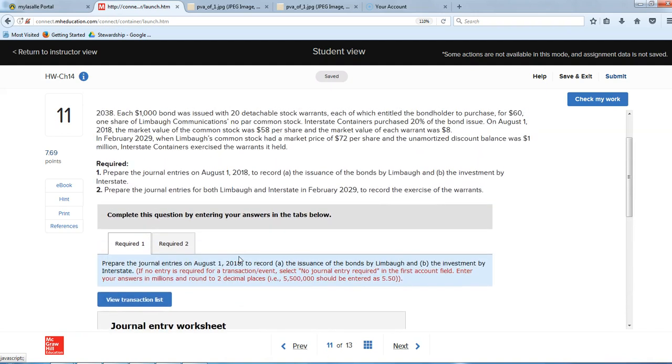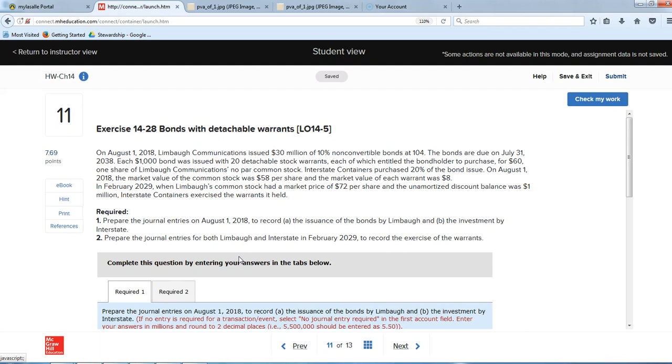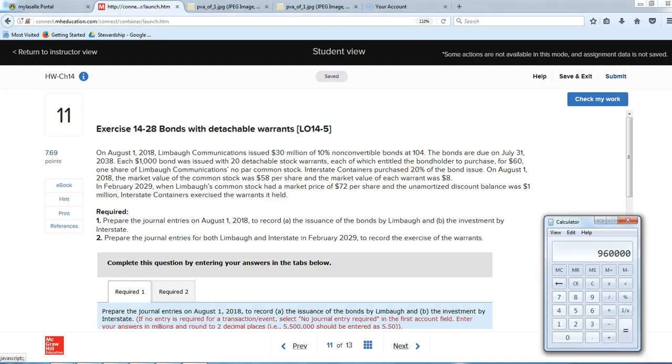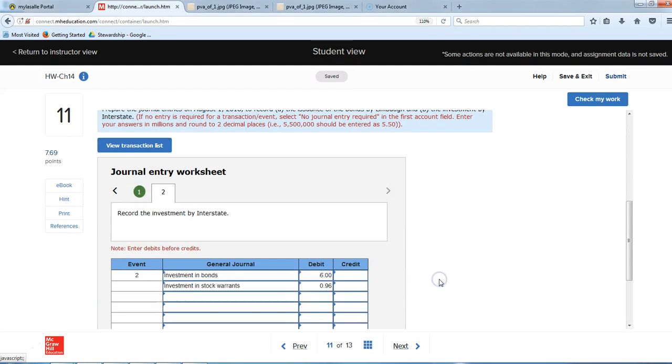Since Interstate is the investor, they purchase these bonds. How much did they spend? So the price of the bonds multiplied by 20%. 20% of this cash issuance, 6.24.